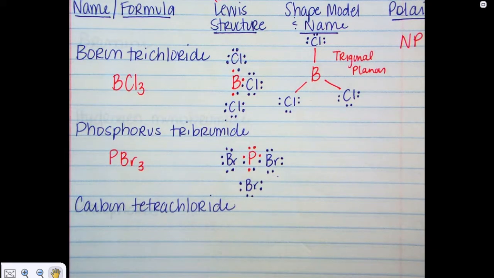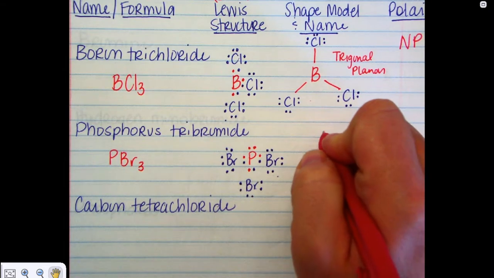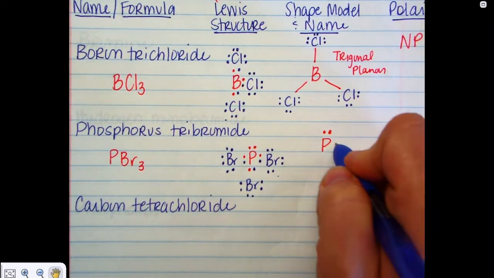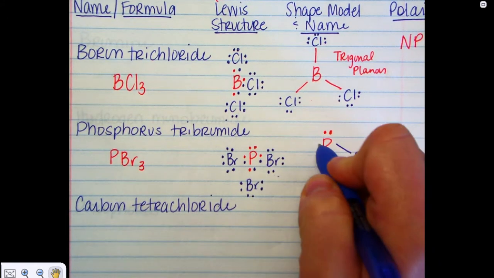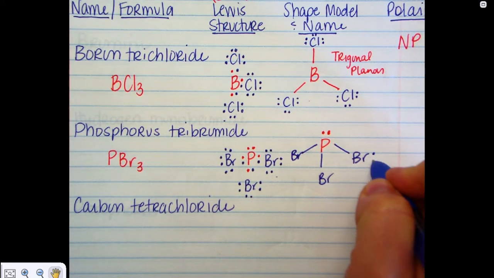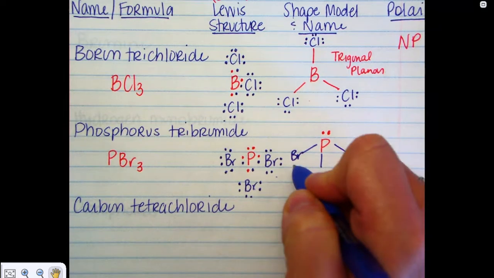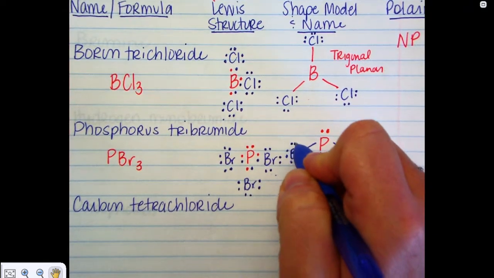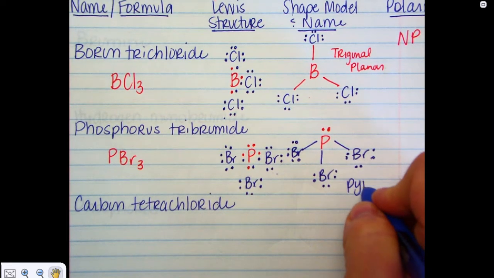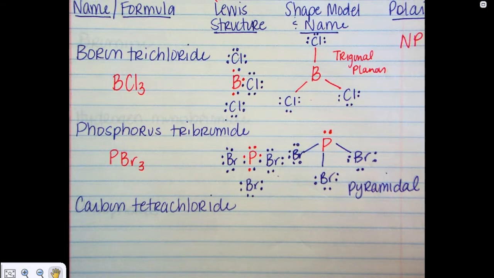Now I'm going to draw this as the shape model. Phosphorus in the middle, unshared pair of electrons on the top. Remember, that indicates what I'm seeing with my shape. Okay, and we see that this is forming a pyramidal shape.